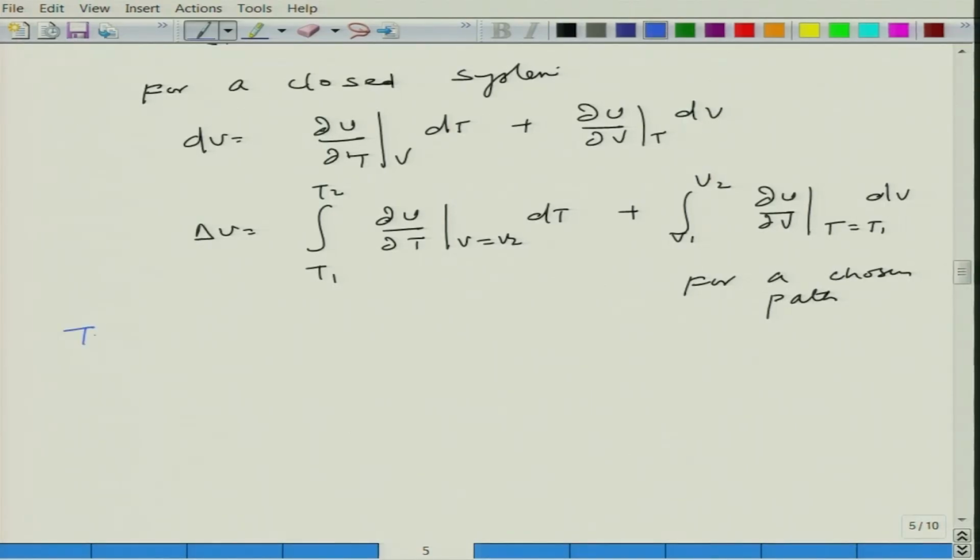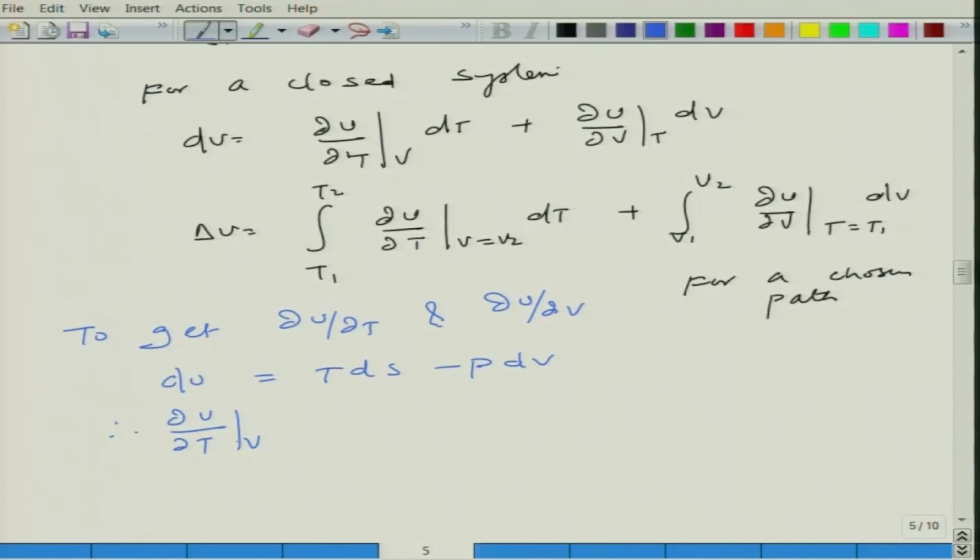To get these differential expressions of u with respect to T and with respect to V, we will resort back to the thermodynamic expression of du in differential form, which is T dS minus P dV, and then take the partial differential with respect to T at constant V. So, del u by del T at constant V is nothing but T del S by del T at constant V, and del u by del V at constant T is going to be T del S by del V at constant T minus P. These are the two expressions we are going to get.